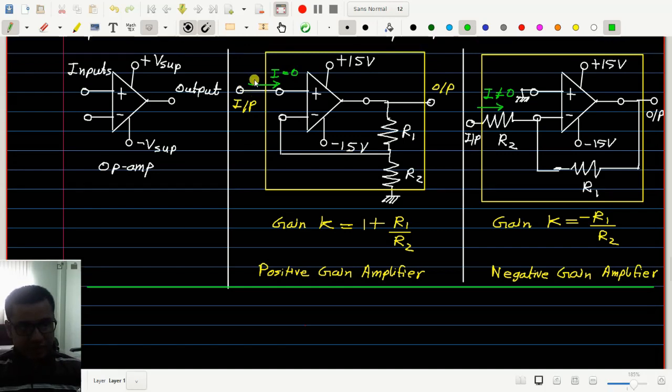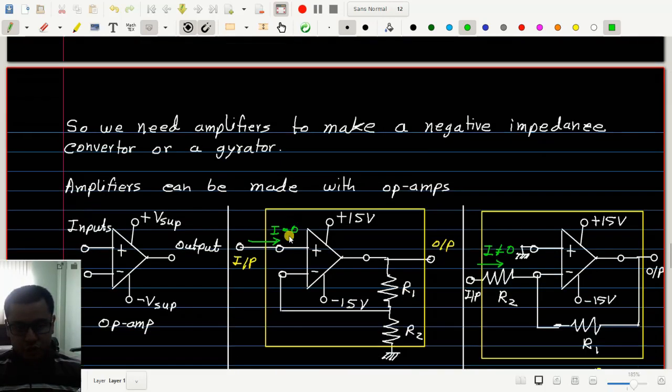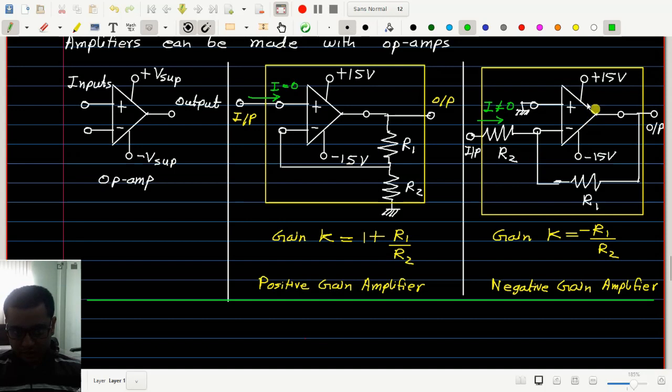Okay, so this amplifier can draw current from the input, but this amplifier will not draw any current from the input. Now, in this gyrator circuit, where we need an amplifier with gain minus 2, we cannot use this particular structure or architecture of the amplifier, because it is not like an ideal amplifier with 0 input current.